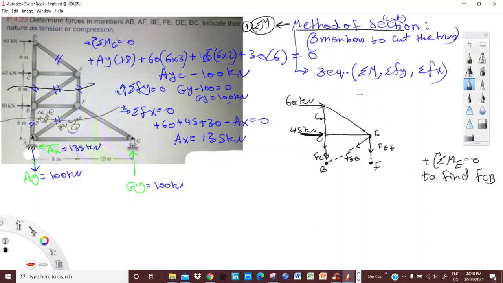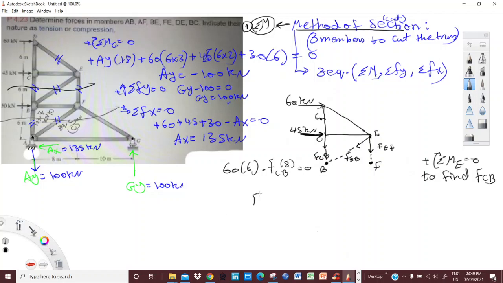Summation of moment at E: 60 kilonewton times 6, clockwise. The 45 kilonewton is not included because it passes through E. But I will include FCB times its perpendicular distance, which is 8, equal to 0.